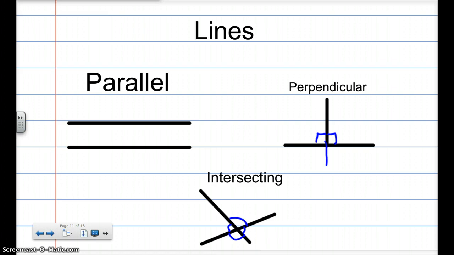Now, on your homework, you have some spots where you need to do examples and non-examples. So I want to make sure that you understand examples and non-examples. So a parallel line, an example would be railroad tracks. A non-example would be street intersections because they cross. Okay? So that's what I mean by example and non-example. Give me an example of it and give me a non-example of it.